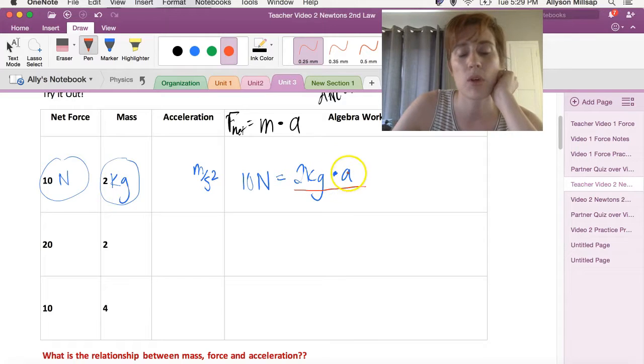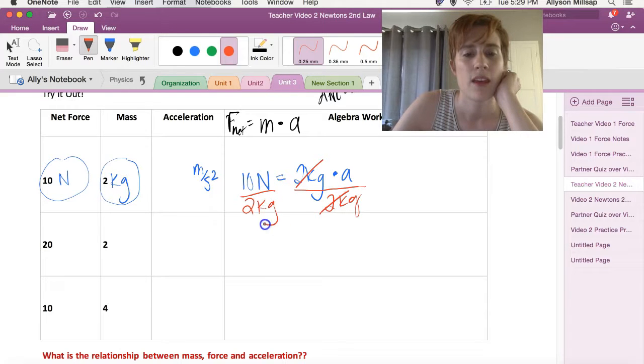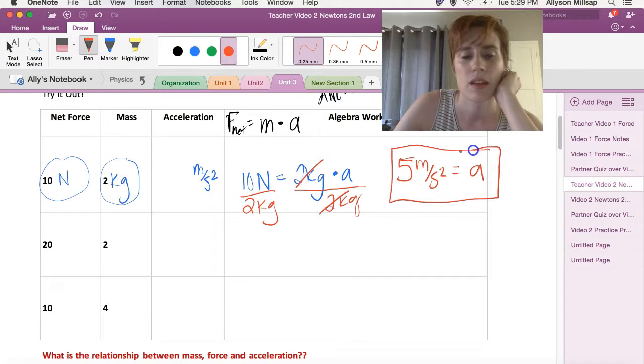It's currently being multiplied by acceleration, so I have to do the opposite, I have to divide. So now I have 10 newtons divided by 2 kilograms will equal acceleration. So that would be 5, okay? And my units are meters per second squared. So 5 is my acceleration, okay?